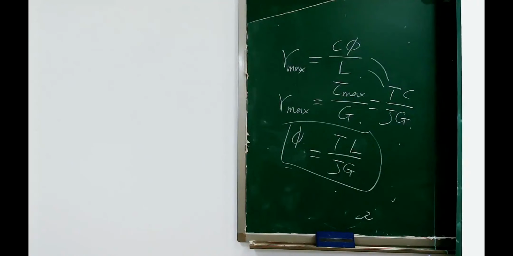It's 0.0382 radians. TL over JG: 150 Newton meter times the length 0.4 meter over J. J is here, G is here, 100 times 10 to the power.